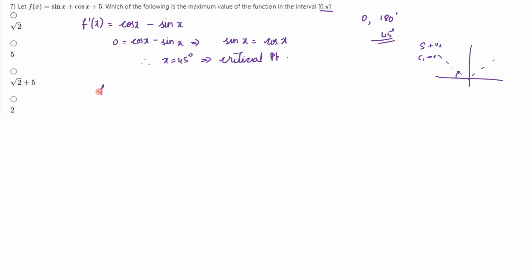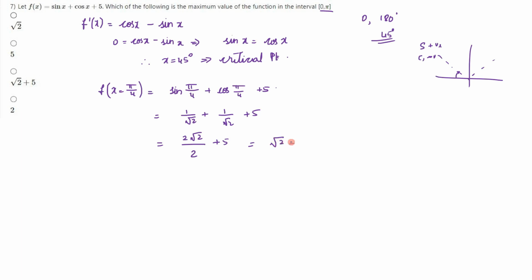So we have f of pi by 4, that is nothing but sine of pi by 4 plus cos of pi by 4 plus 5, that is nothing but 1 by root 2 plus 1 by root 2 plus 5, that is equal to 2 by root 2 plus 5, that is nothing but root 2 plus 5. Option 3 is the answer.